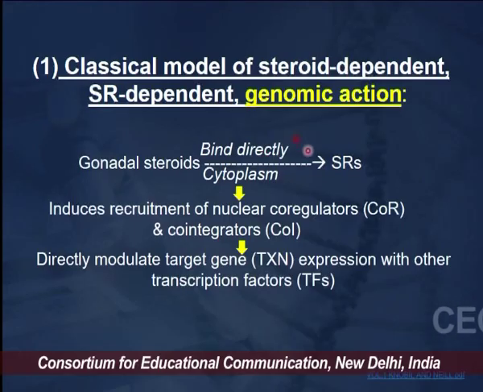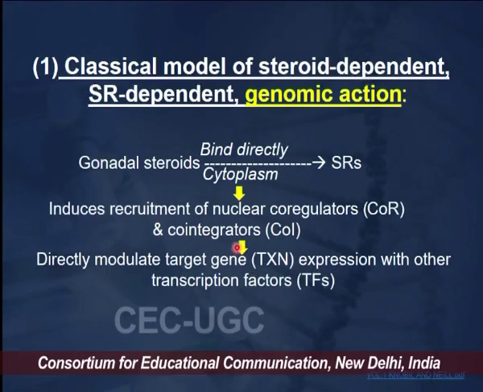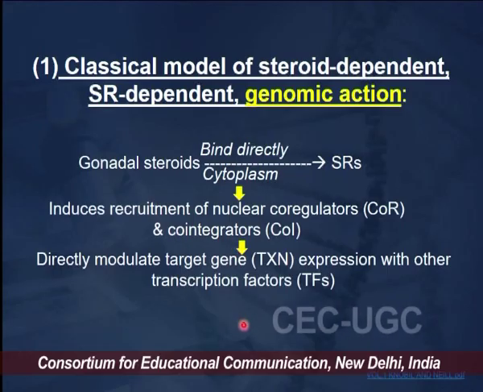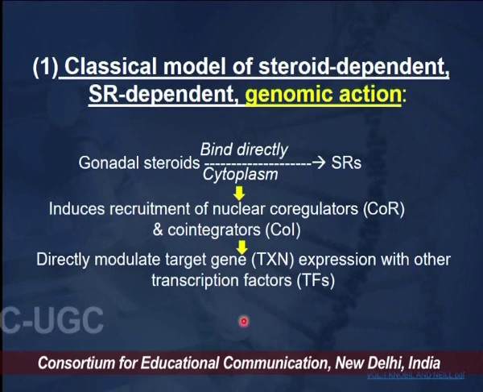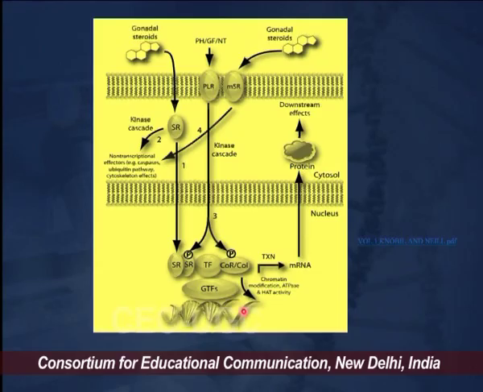They directly bind to their receptor, which recruits the regulators and integrators for the transcription of the target gene along with other transcription factors. In this figure you can see how this steroid hormone, being lipid in nature or derived from cholesterol, can very easily cross the plasma membrane, bind to the steroid receptor present in the cytosol, and directly enter the nucleus for performing the gene transcription of the target genes.